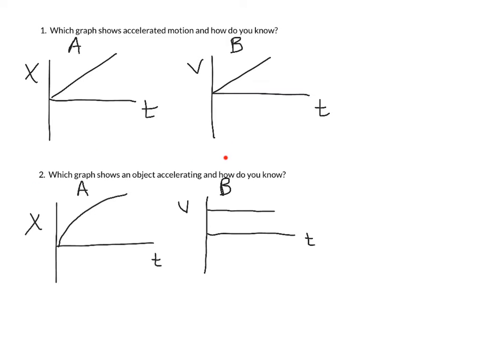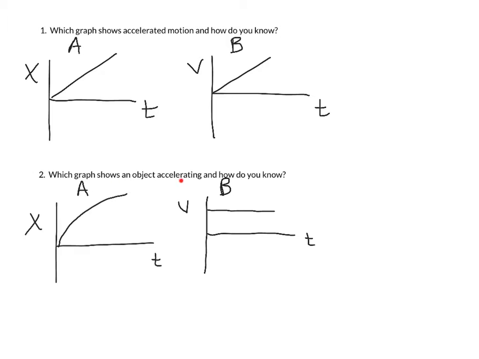Now, I'm not going to write anything out, just because it'll save time, so you may have to go back and listen to what I said over again. Your explanation here, again, is that the line on a VT graph that goes up, that has a slope, means the velocity is changing. Changing velocity means acceleration.